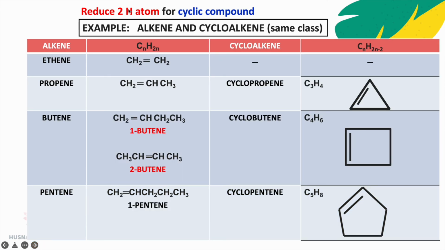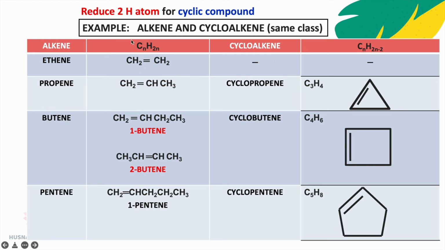Next, for alkene, again we start with propene, because you need 3 carbons at least to form cyclic, and there's no methene because you need C double bond C, and meth means 1. We start with ethene, C double bond C, and there's no cycloalkene for 2 carbons because you cannot form cyclic if you have 2 carbon atoms only.